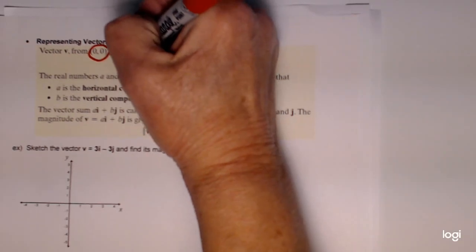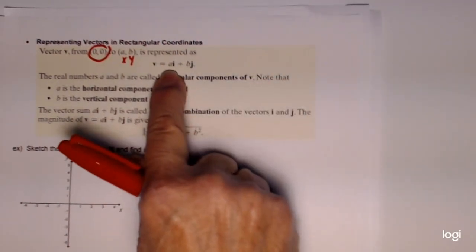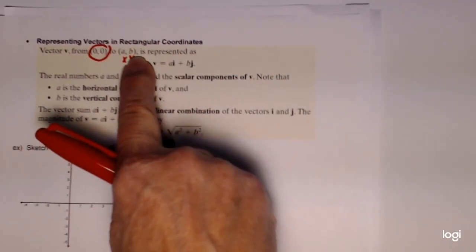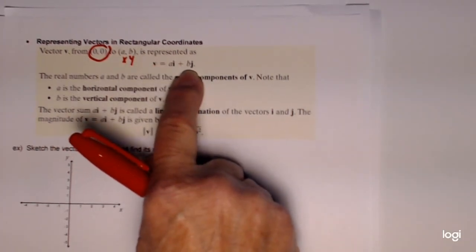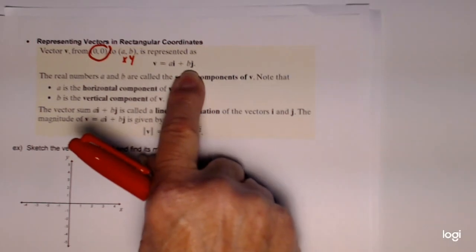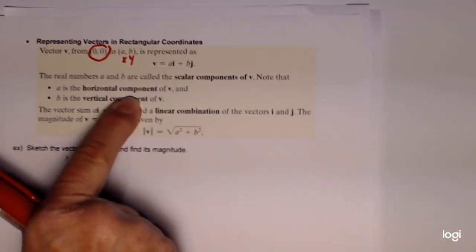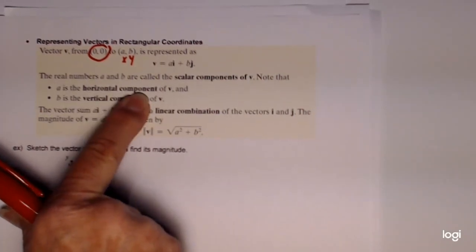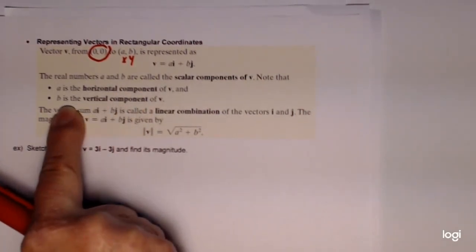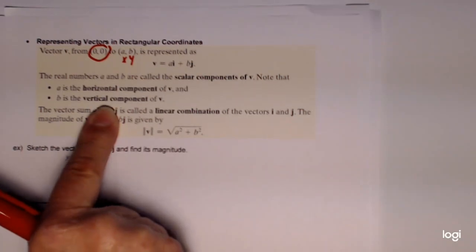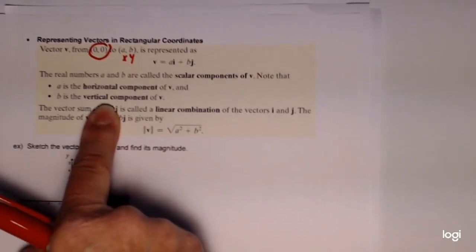So remember x, y, and then this is x, y. So the B, the y information from our ending or terminal point, is going to be the number there in front of the J. And here it says A is the horizontal component, or the x direction component of the vector, and B is the vertical component of the vector, or the y direction.